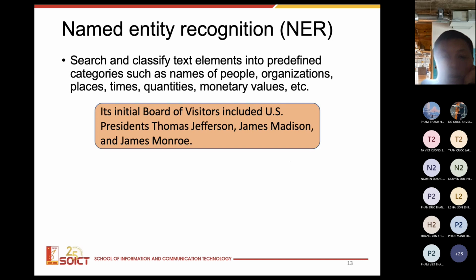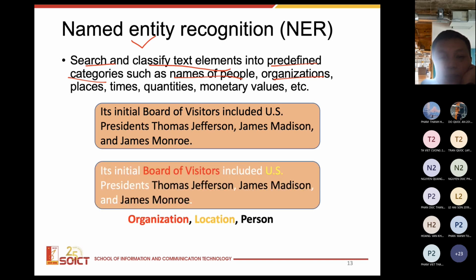Another NLP task is named entity recognition, right? And this is quite a popular NLP task nowadays. The purpose of the NER task is to locate and classify the text elements, such as the word or the phrase in the text, into predefined categories, such as name of person, organization, place, time, monetary value, etc. Right?